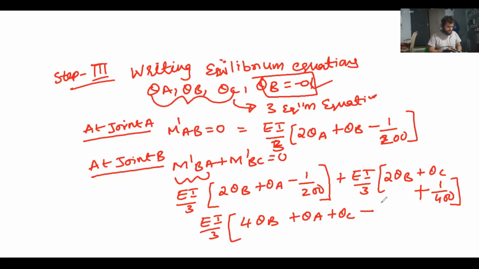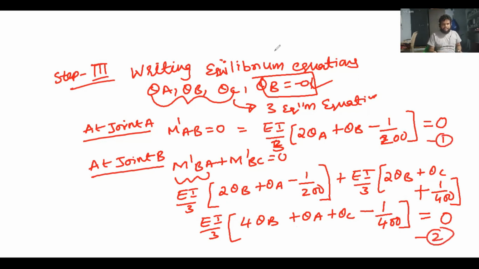So that is equal to minus 1 by 400. This is the joint B equilibrium equation. So this is equal to 0, right? So this is also equal to 0. So now you can directly write these equations. So this is 1 and this is 2.